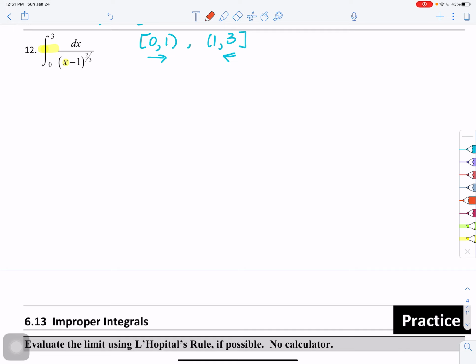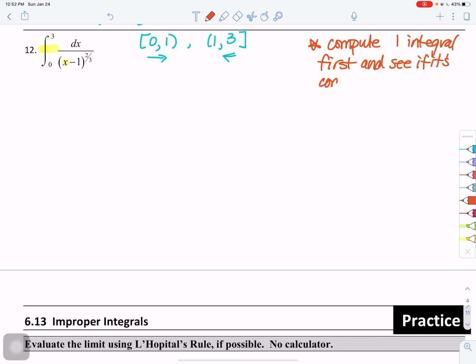Now, I will tell you this. You can go ahead and compute 1 integral first and see if it's convergent. If it is, then you keep going with the other integral.